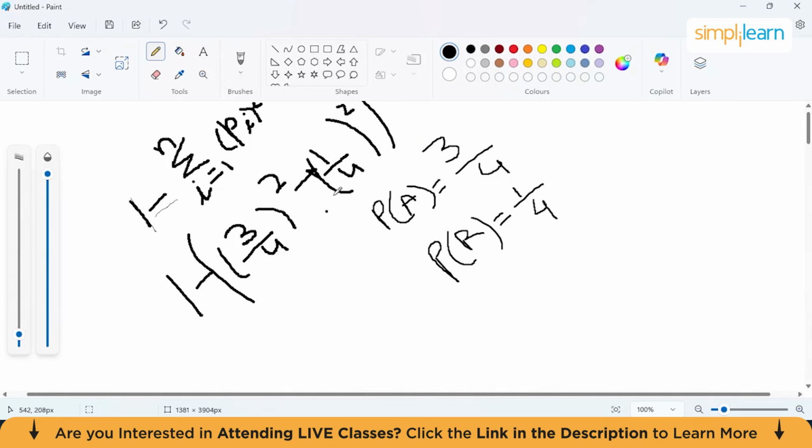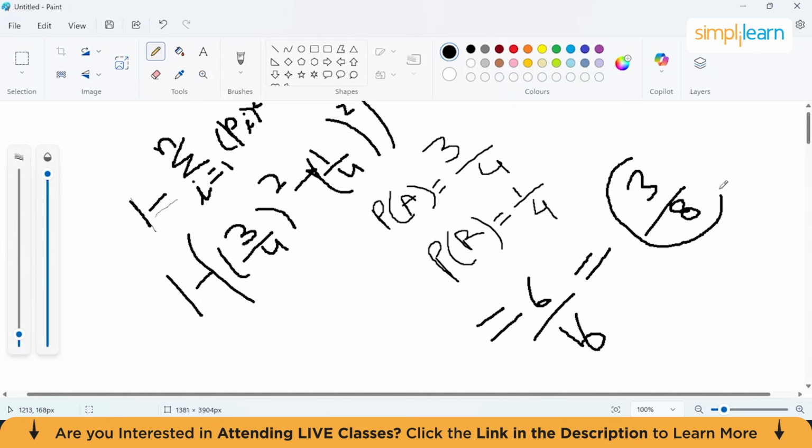That becomes 9 by 16 plus 1 by 16, which is 10 by 16. 1 minus 10 by 16 is 6 by 16, which equals 3 by 8. So that is the amount of uncertainty we have, 3 by 8, at that junction. That's your initial impurity level.